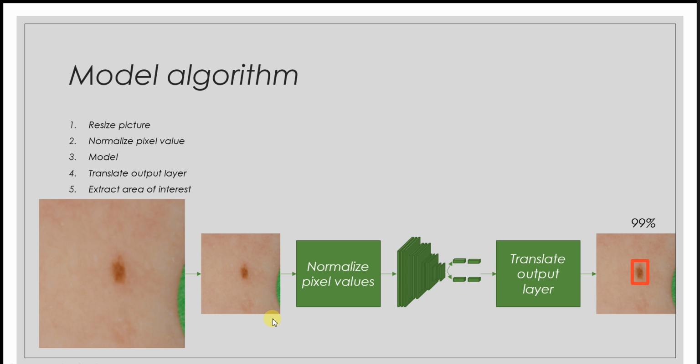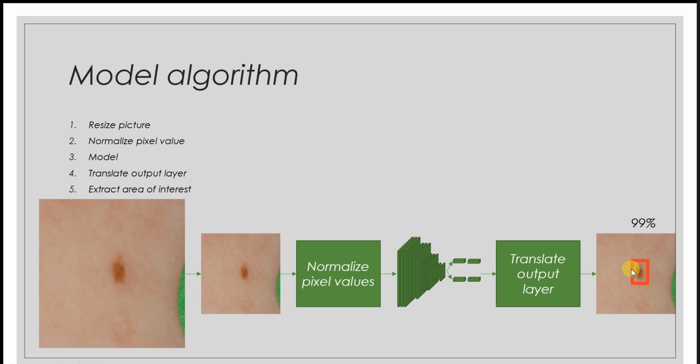Then we feed it to the model, and then we have the two different output layers that end up in 99% or some percentage of how sure we are that there's this skin disorder in the picture, and it ends up in this proposed region. So we basically say, okay, we're 99% sure that there's a skin disorder in this picture, and we're pretty sure that it's in this range right here.